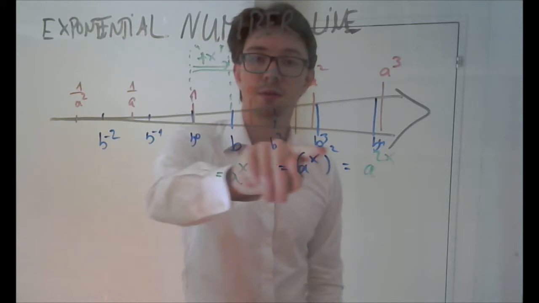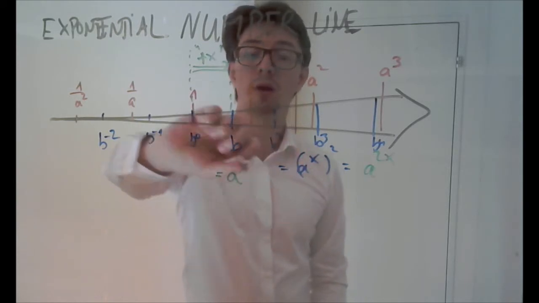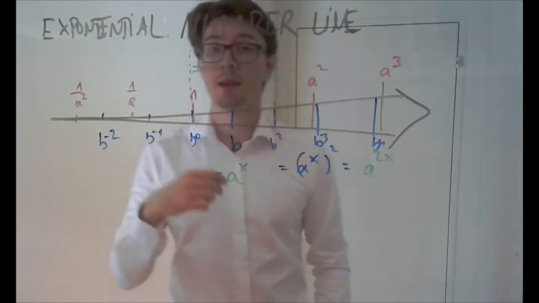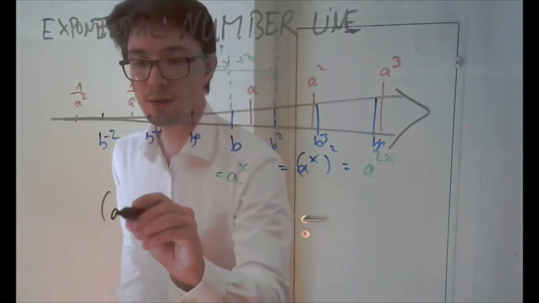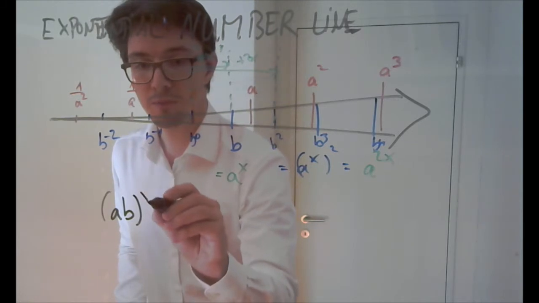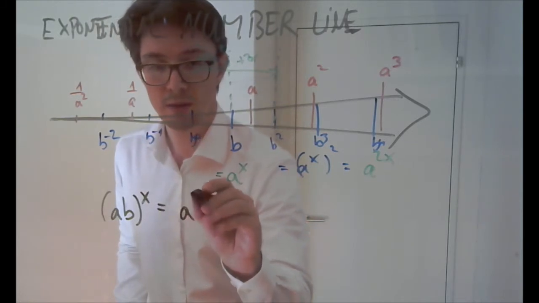Now that we've seen that these stairs of powers actually work all on the same number line, we can now also justify one last rule of exponents, that is this one.